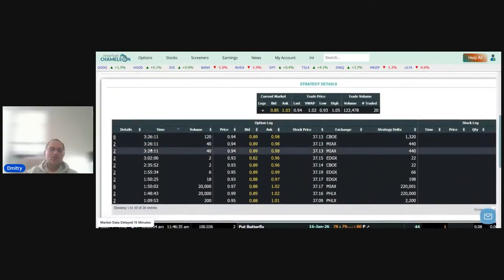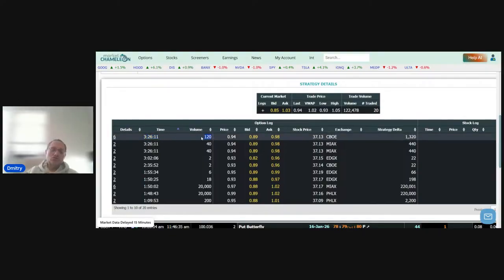And here are 20 trades at 3:26:11, a total of 120 contracts traded for a price of 94 cents with the market 89 cents 98.